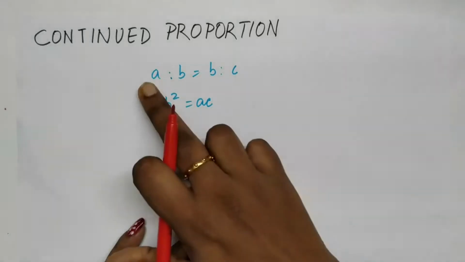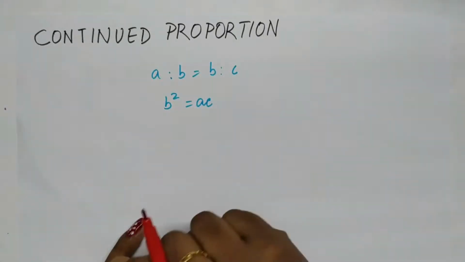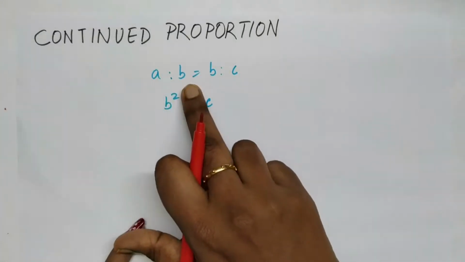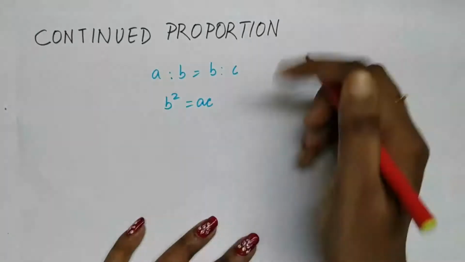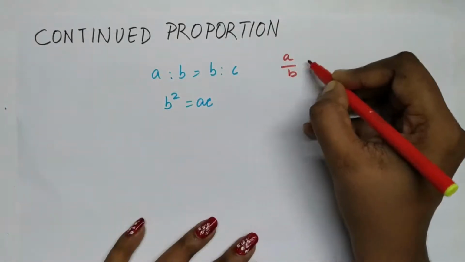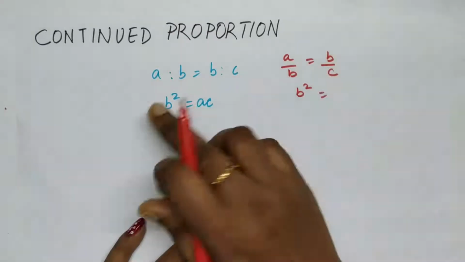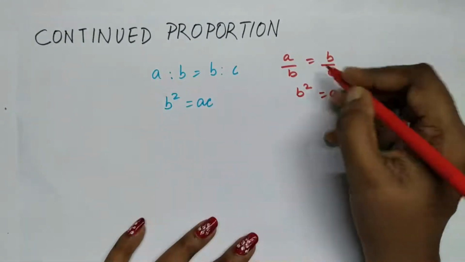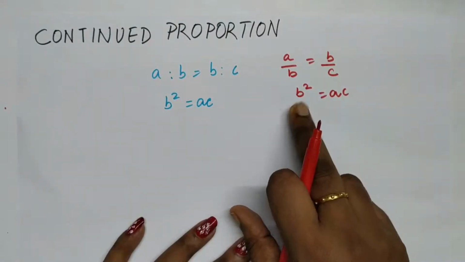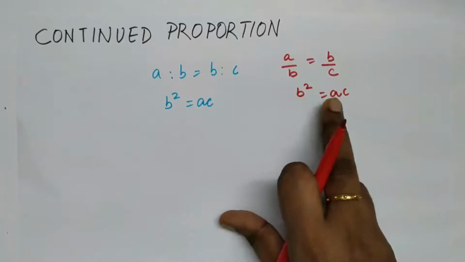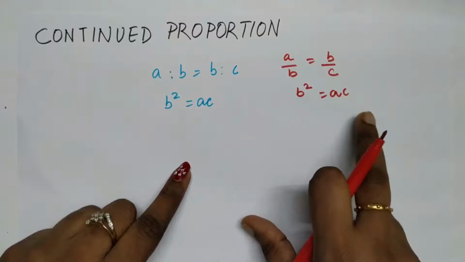Three quantities A, B and C are said to be in continued proportion if A is to B equal to B is to C. So here if I cross multiply, I am going to get B squared equal to AC. So the product of the means, that is B squared, here B is common, equal to the product of the extremes, that is A and C. So B squared equal to AC.